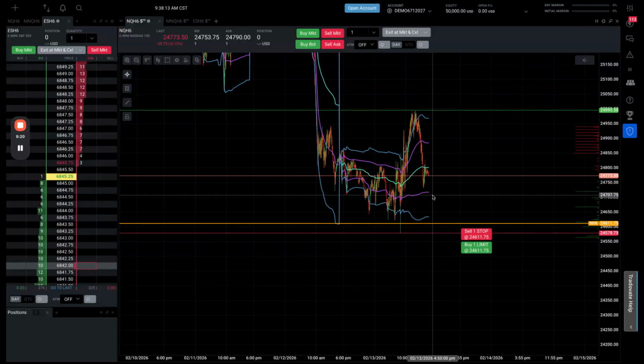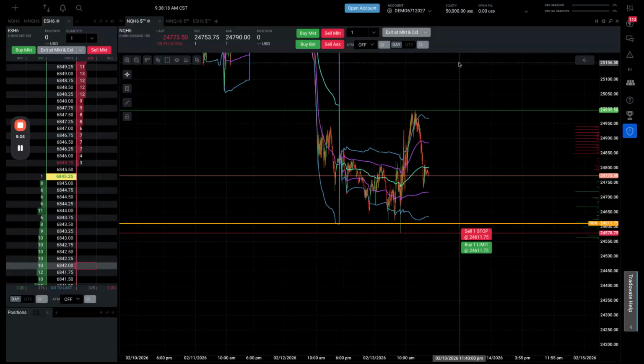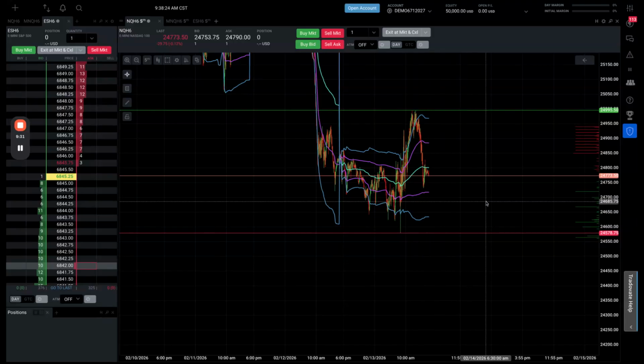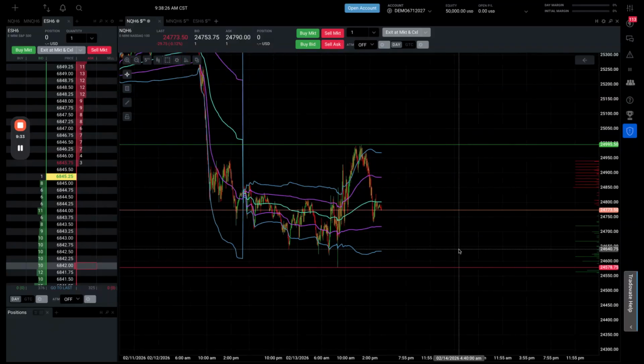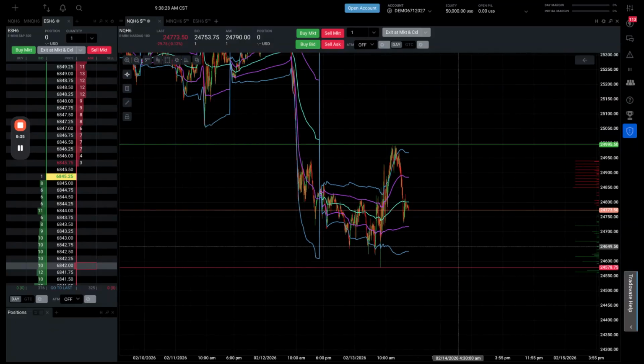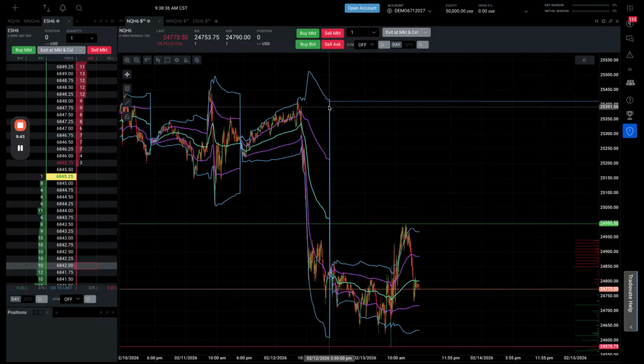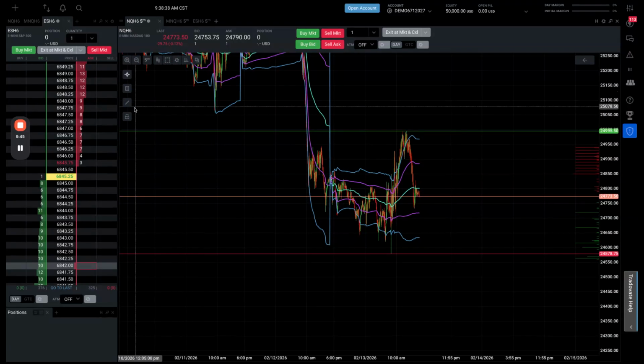Then you take profit right around this purple line. Could it keep going higher? Yeah, but this is the for sure money, boom to boom. So that's one strategy: getting buys at the bottom, the lowest level of your VWAP bands. That's strategy one.